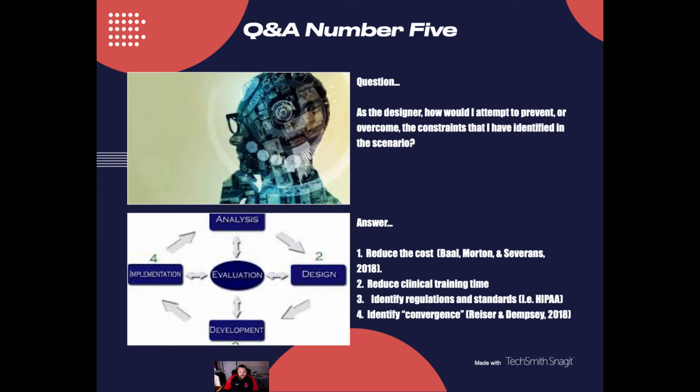Number 4, identify convergence. So you've got a lot of convergence issues with this. In the healthcare industry, technology is always changing. There's different machinery being implemented, different equipment. The assessment of the patients is varying, and the equipment's always changing, so you have to keep up with it.